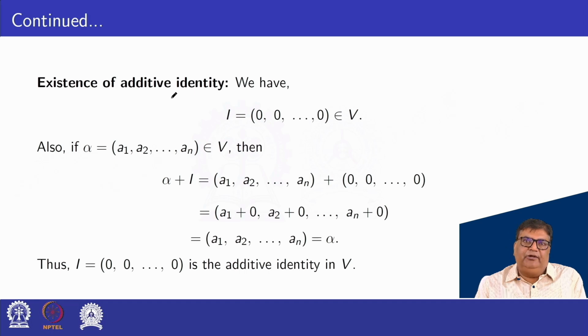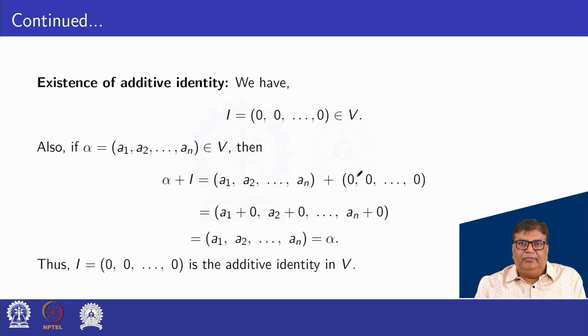Existence of additive identity. We have I equal to the n-tuple of (0, 0, 0, n times) belonging to V. This is the additive identity of addition. If alpha is equal to (a1, a2, and so on, an), then alpha plus I, that is the n-tuple (a1, a2, and so on, an) plus (0, 0, n times) as n-tuple.